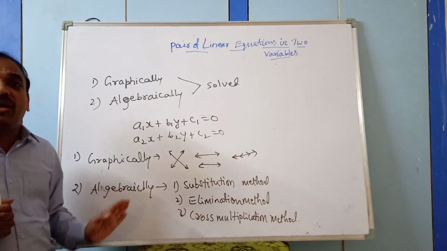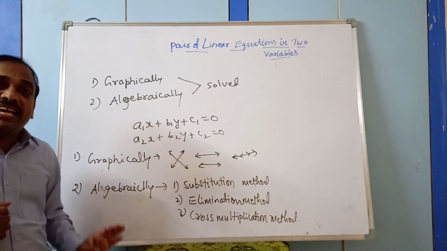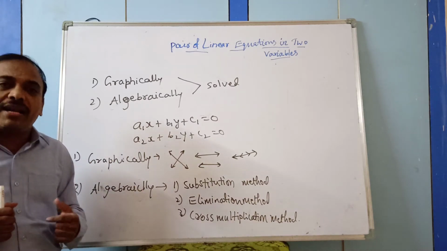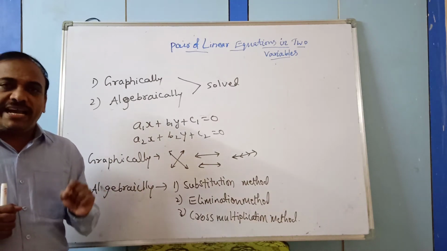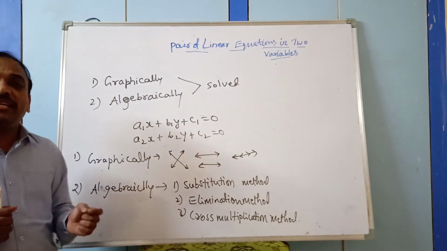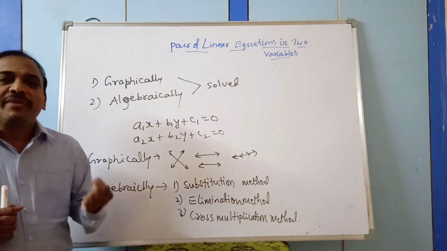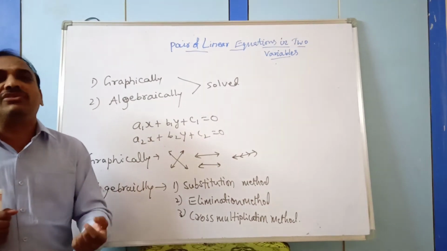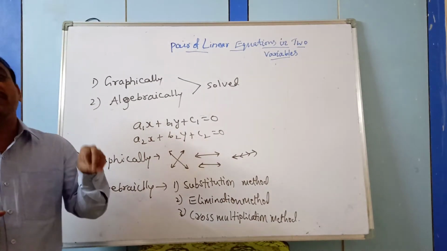Based on those ratios, we can say whether the lines are parallel or intersecting or coincident lines, whether they have a solution or not, how many solutions, whether infinitely many solutions.